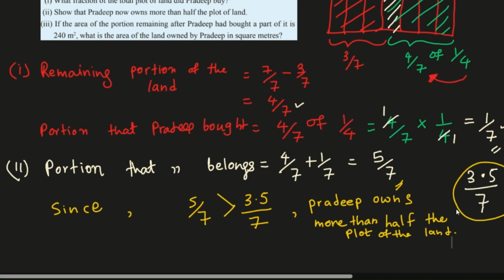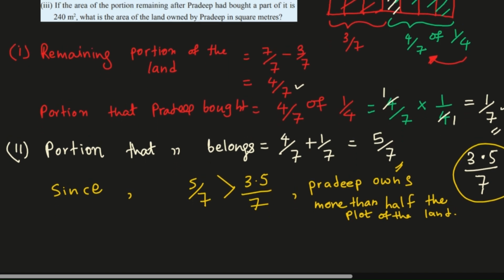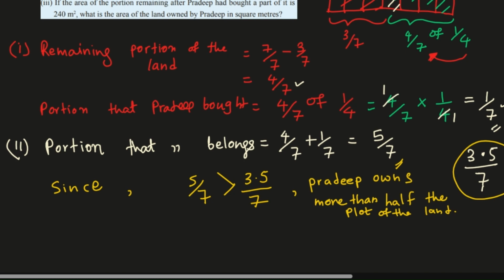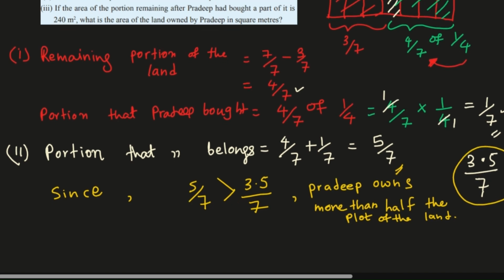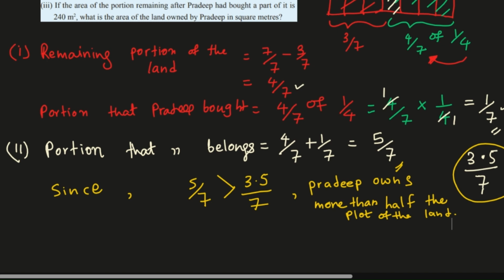If the area of the portion remaining after Pradeep had bought a part of it is 240 square meters, what is the area of the land owned by Pradeep in square meters? So what's the total portion that Pradeep had bought?